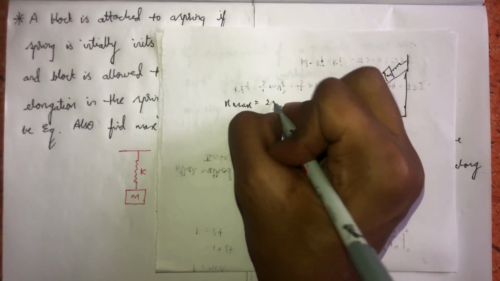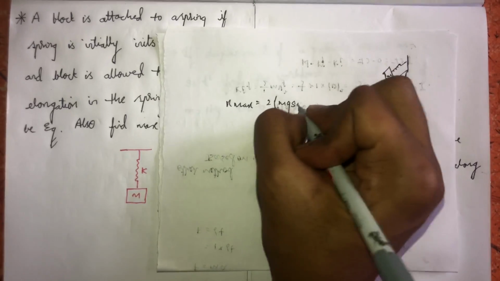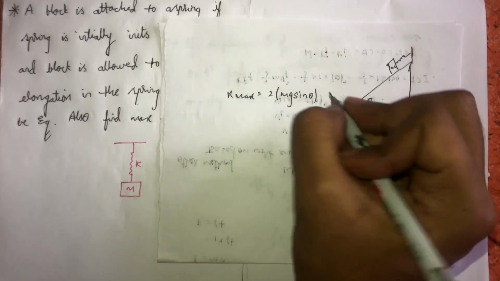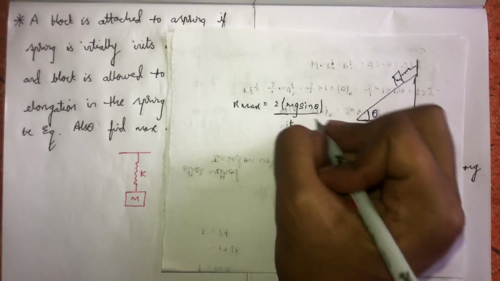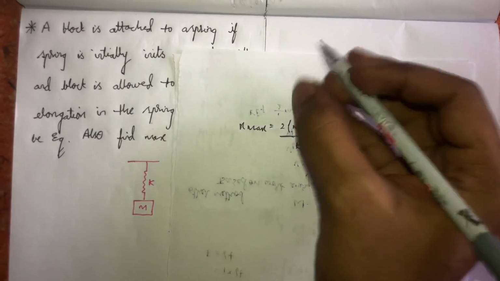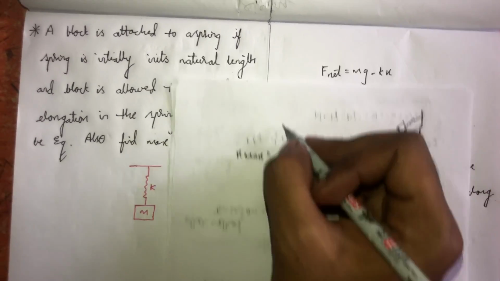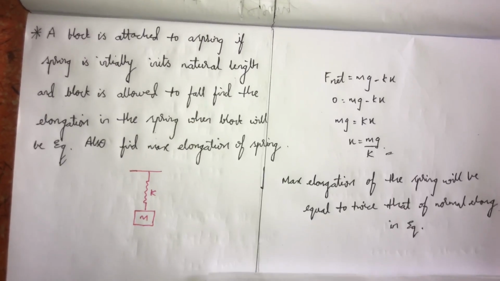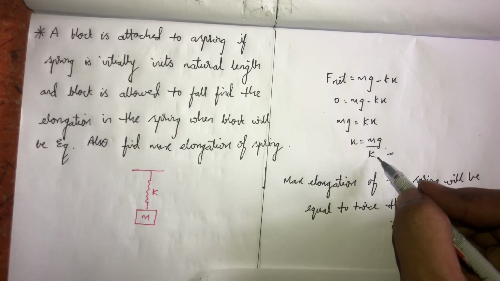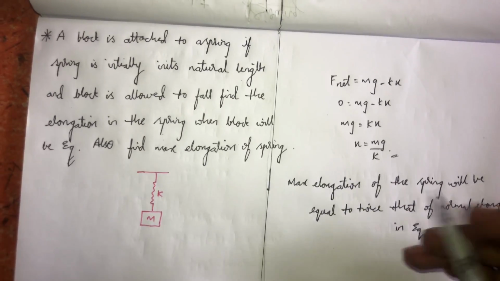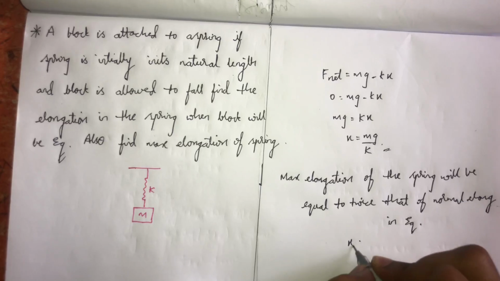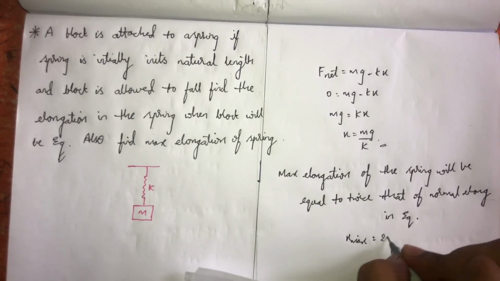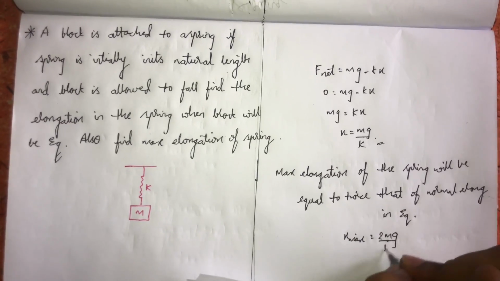Then x max will be equal to 2 mg sin theta by k, as we know that x is equal to mg by k. If they ask for the maximum elongation, x max will be equal to 2 mg by k.